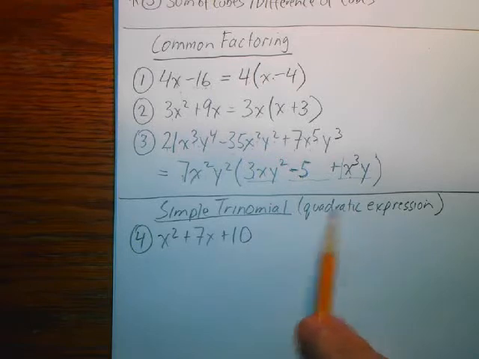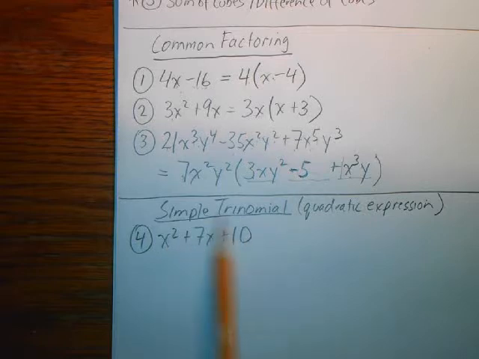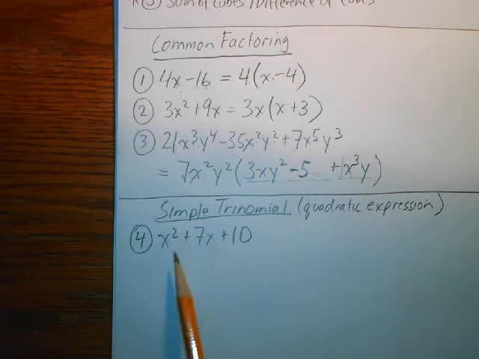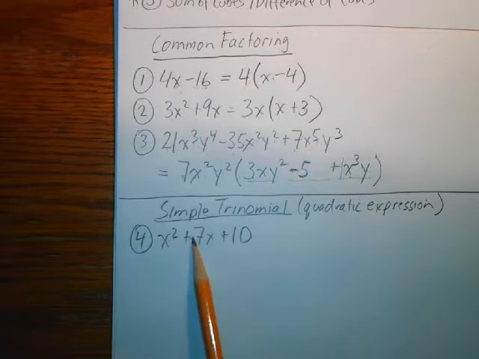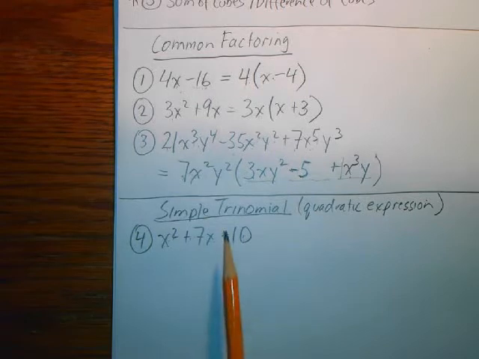We learned this later on in the course, so we still call it simple trinomial because that's the way we learned it or taught it. But the thing that works for this is it's a quadratic, so that means you'll have a variable squared term, plus or minus a term that has the variable, and plus a constant term. Okay, so that's what we really mean by trinomial. It's really a quadratic.